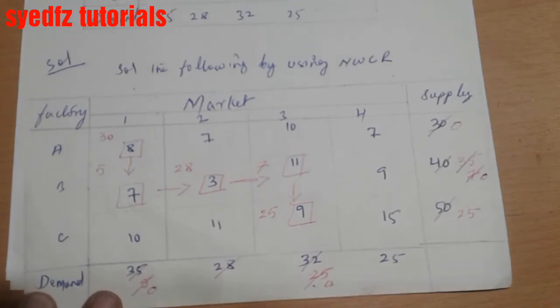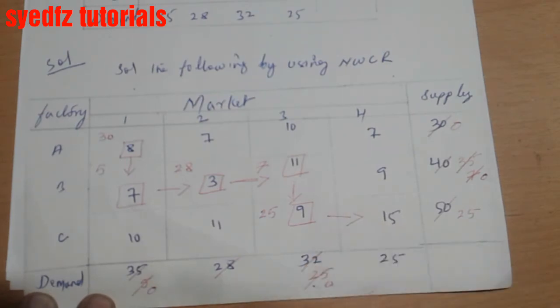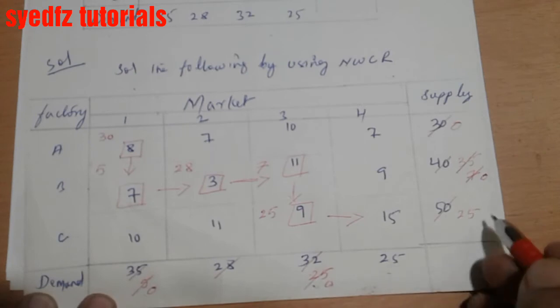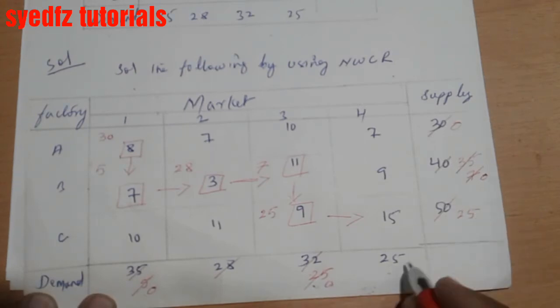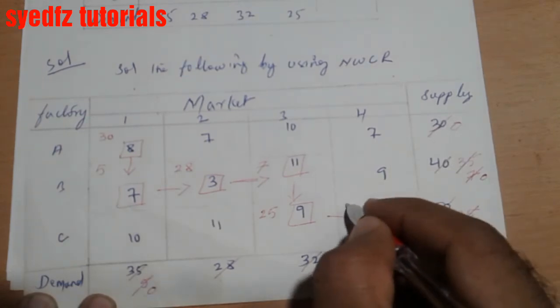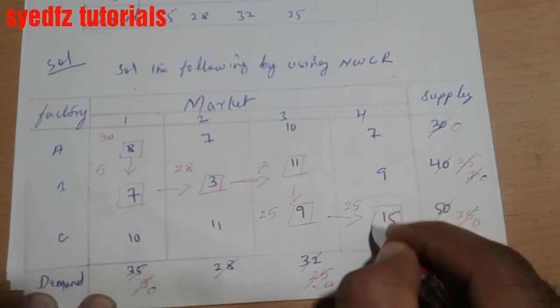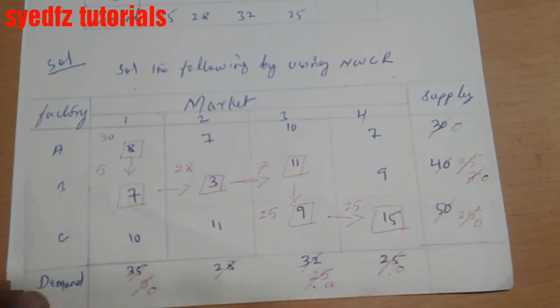Now we don't have demand, so go straight forward to 15. Here we have 25 demand and also 25 supply, so all demand and supply will be cancelled. We can allocate 25 directly to 15. So all the demand and supply is over.